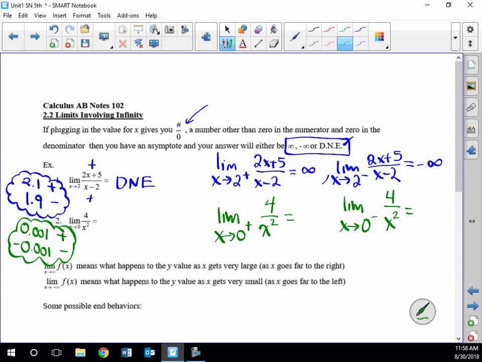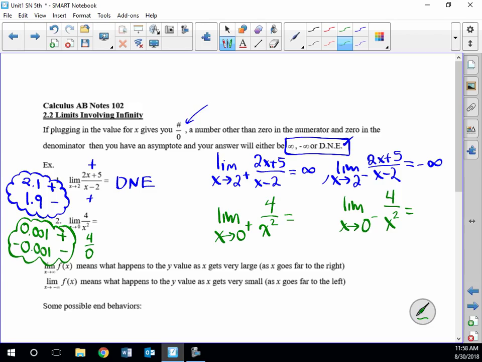Now coming from the right, we know it's going to be positive or negative infinity, one of the two. If you look back at the original, notice that we get 4 over 0 if you try to plug it in. So here, what we need to decide is just whether it's positive or negative.